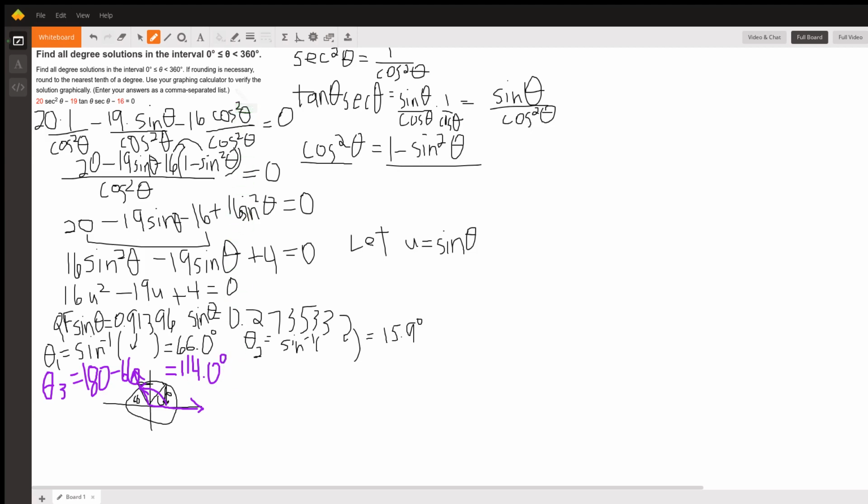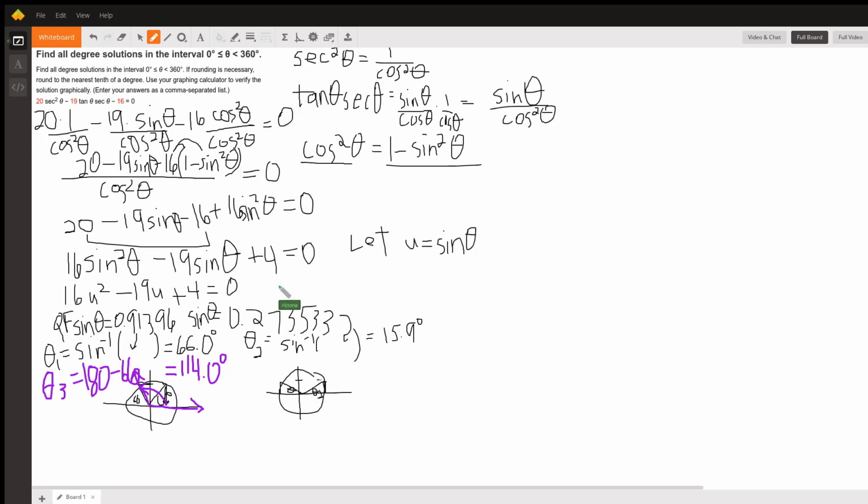Now, if I go and graph the other answer over here on a unit circle, 15.9 degrees is down here, so here's that theta. The sine is the y coordinate, which means it's whatever number. This is my 0.2735. But I also have another angle here that has the same sine. And so this is my theta 2 here, my 15.9 degrees.